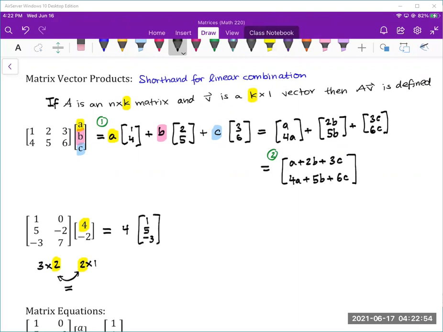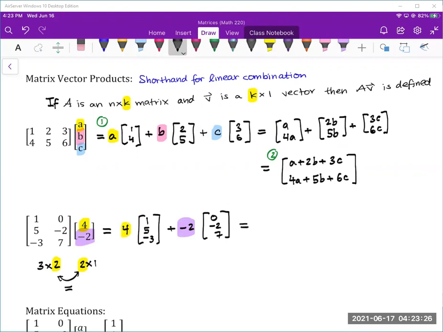So we have 4 times the first column of the matrix plus -2 times the second column of the matrix. And we can leave it in this format if we wish, expressing it as a linear combination, or we can further combine this and express it as a single vector.